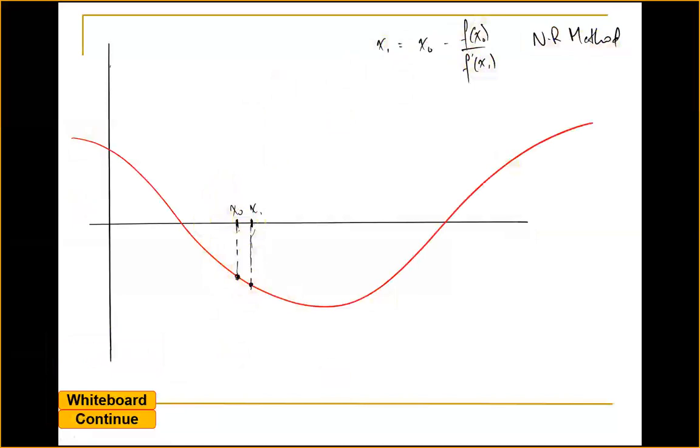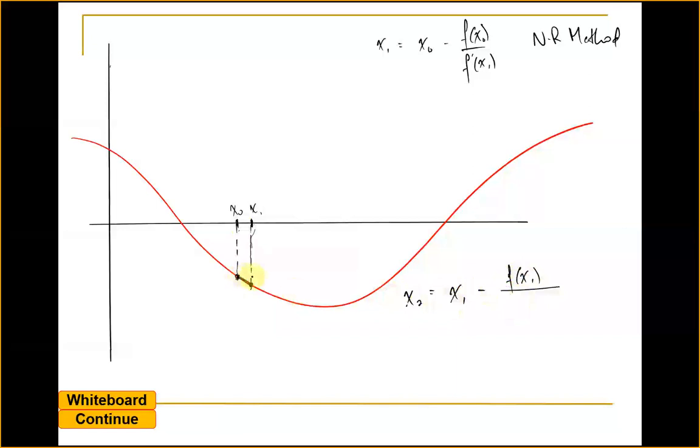In this case, the first iterative step would be x2, because if I remember, it's 2 that you start with. x2 is equal to x1, that's the previous one, minus, now you'll say the function at x1 over the slope. Now the slope is actually going to be this slope here.